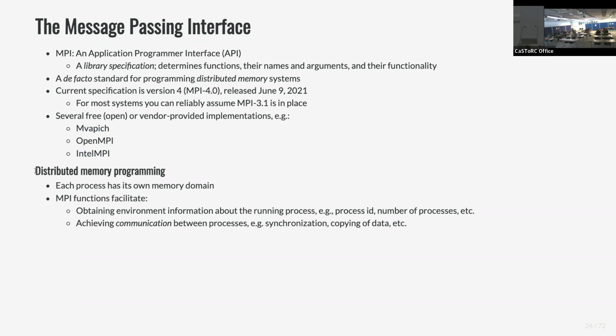So in MPI, the assumption is that you're running different processes, and each process has its own memory domain. Okay, so this is also something we basically assumed yesterday. It was true also for the example that we saw yesterday.